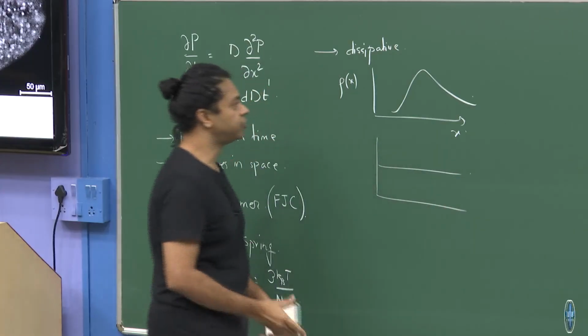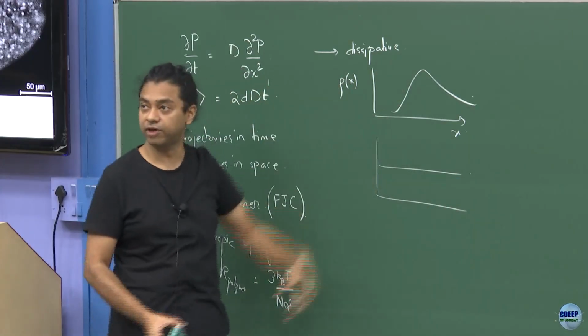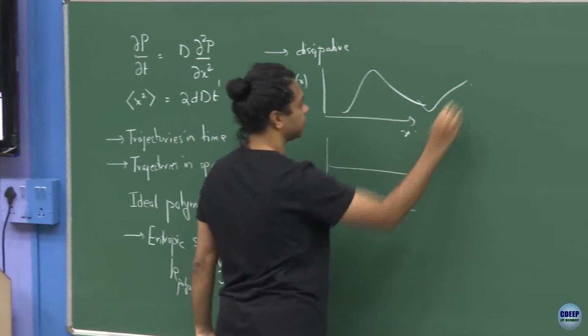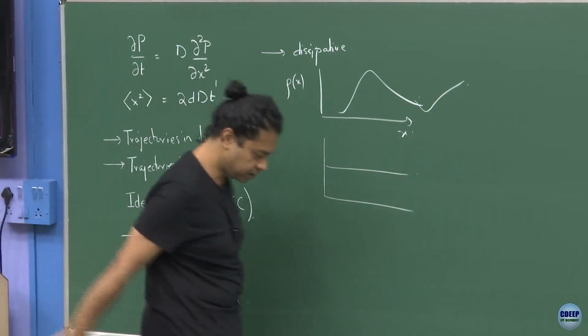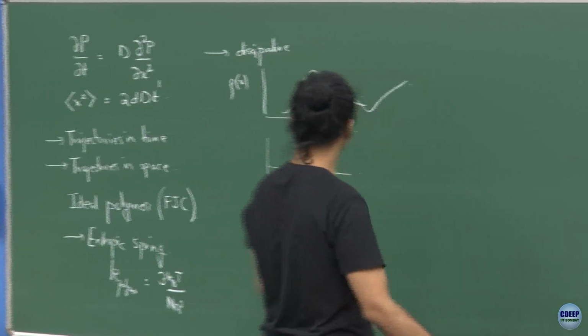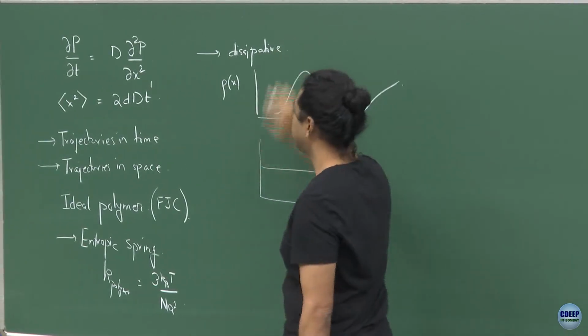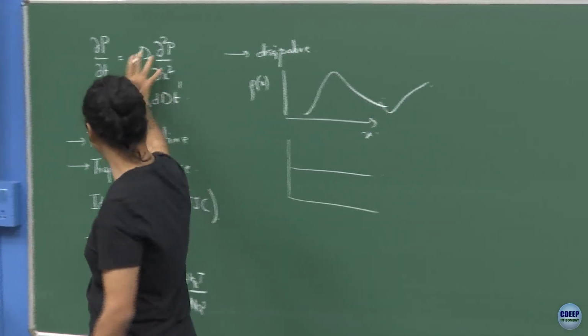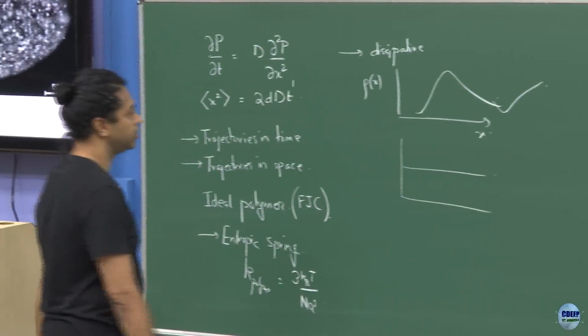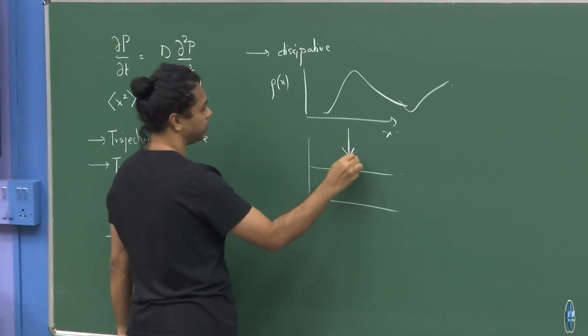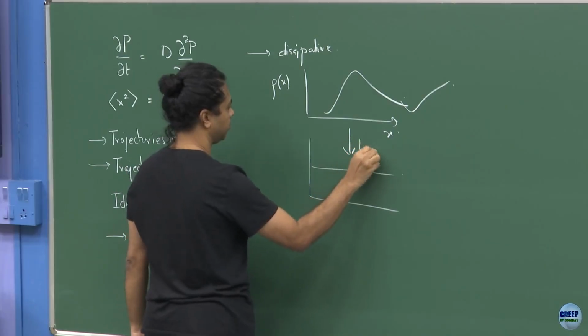Because diffusion tends to smooth out any hills or valleys. This is diffusion in the absence of any potential, pure diffusion governed by this diffusion equation. In the long time limit, you would get some uniform profile.